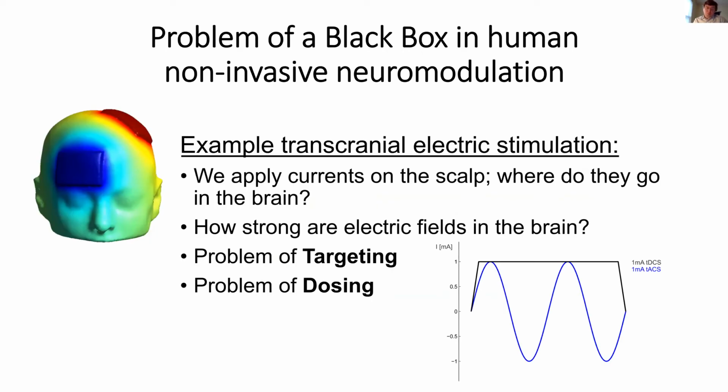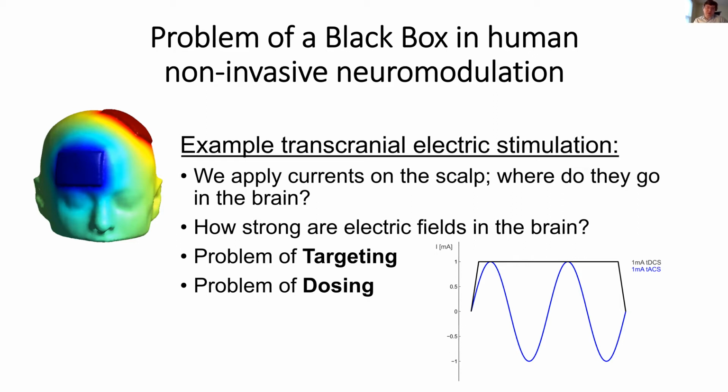And so one issue we have with those is a bit of a black box problem. We basically apply something on the scalp level, but we have a hard time knowing directly what's going on in the brain.